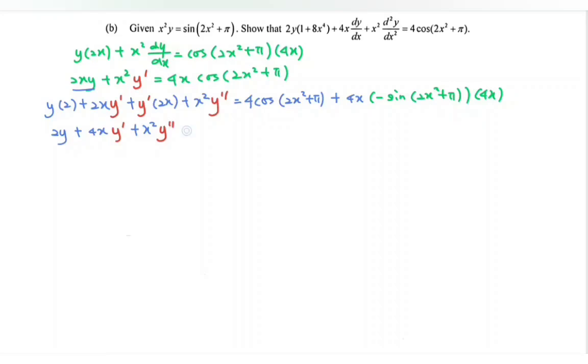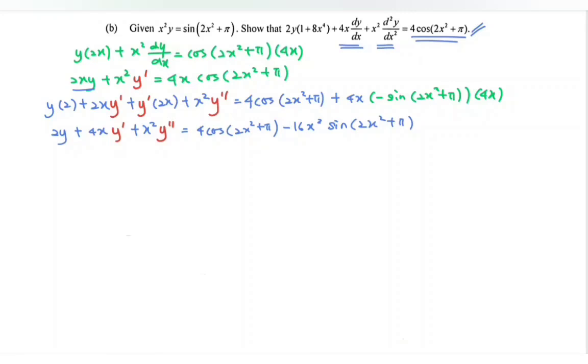Continue. Rewrite the situation. We have 4 cos bracket 2x squared plus pi, and then minus the 16x squared multiplied with the sine bracket 2x squared plus pi. So kindly refer to the question in here. So kindly check the situation. We already achieved the 4x dy/dx. We have already achieved the x squared for the second derivative. Next, we already achieved this part, 4 multiplied with the cos bracket 2x squared plus pi.